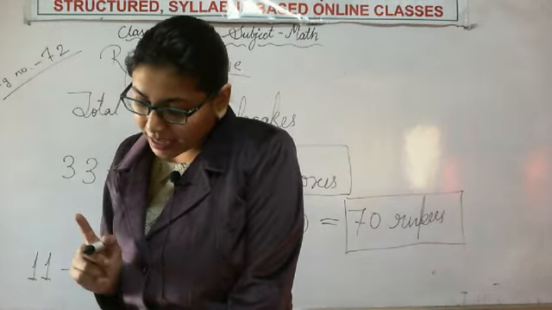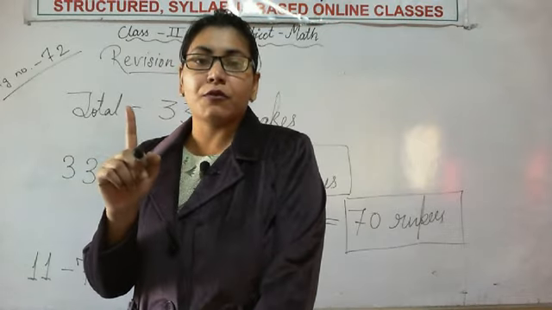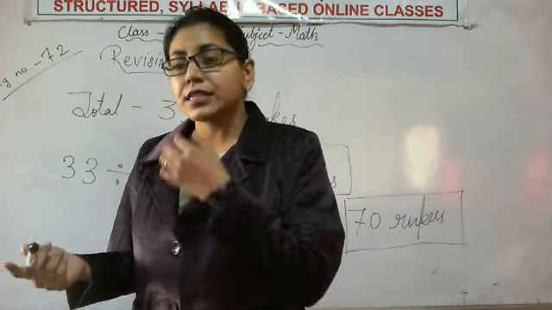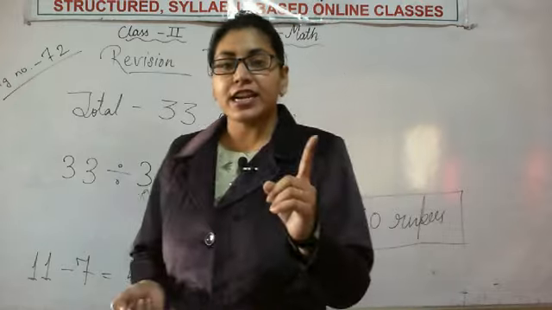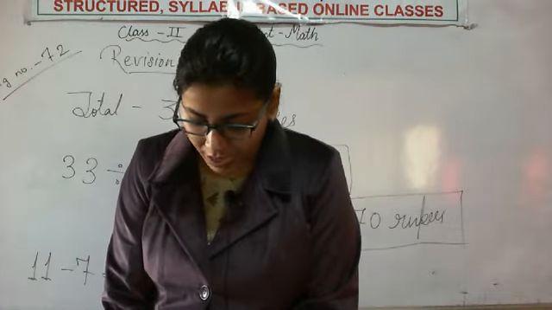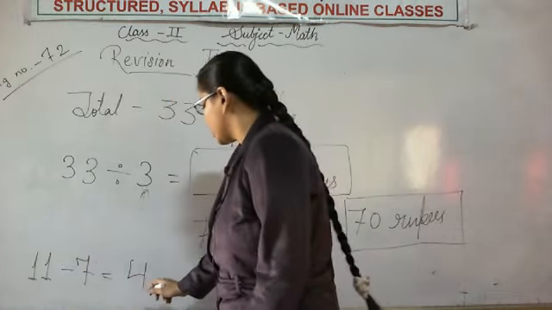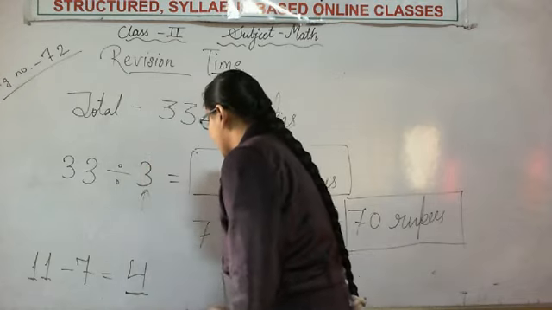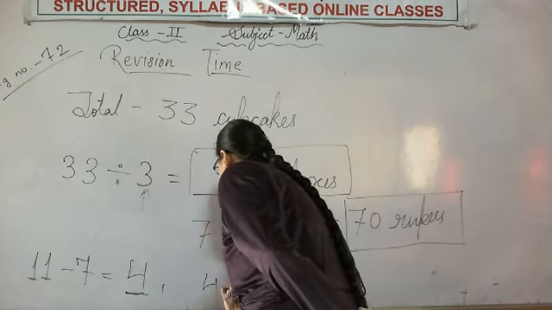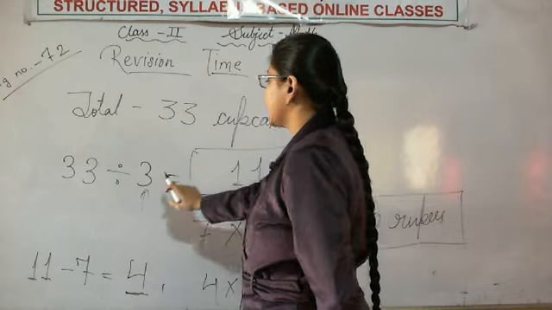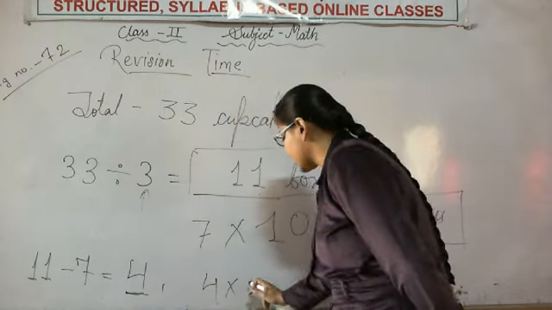Now, if each friend got one cupcake, how many friends did he have? There are 4 boxes. In each box, how many cupcakes are there? 3 cupcakes are there.